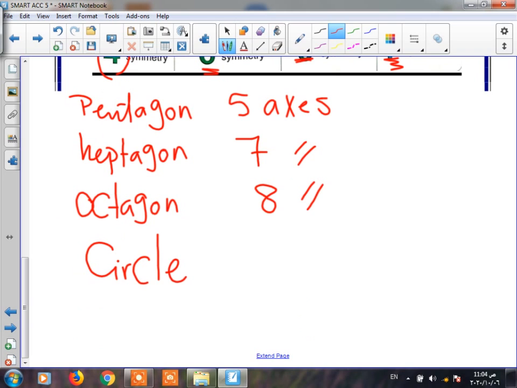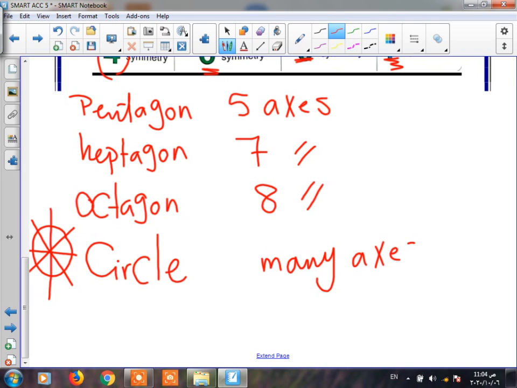Okay, if I have a circle and I need to cut it into two congruent parts, look, I can make it like this, and also like this, and like this, and like this. All of them make the two parts congruent. So the circle has many axes of symmetry. Or we can write a lot of axes of symmetry.